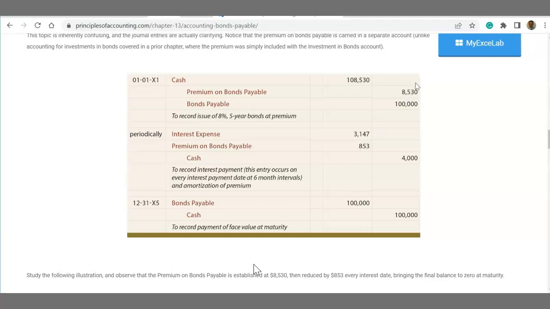You need to use the effective interest method, which I think we're going to learn today. So for GAAP, the effective interest method is acceptable. The straight line method normally is not acceptable unless the bond is so small and the difference is so small. But again, the effective interest method is acceptable for GAAP.